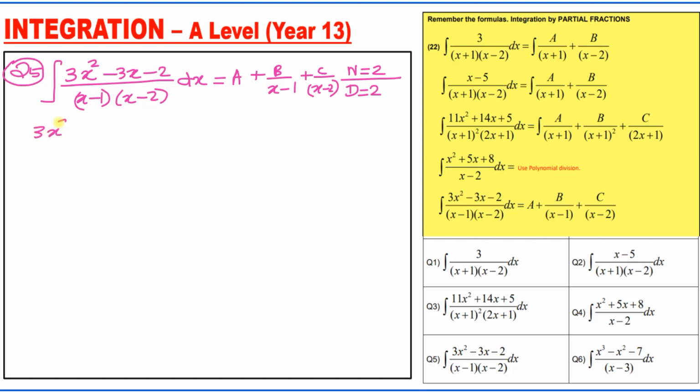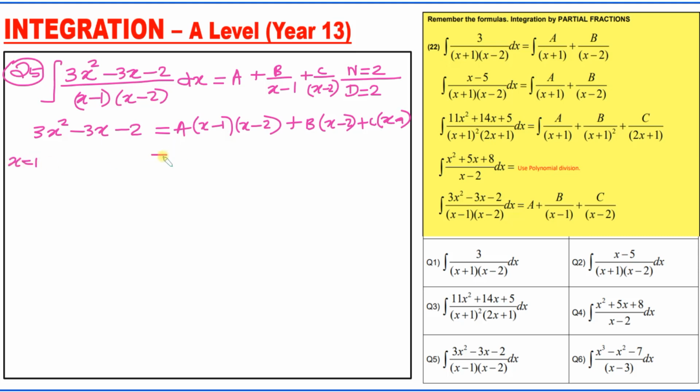So 3x squared minus 3x minus 2 equals a multiplied by (x minus 1)(x minus 2), plus b multiplied by (x minus 2), plus c multiplied by (x minus 1). Now you can easily find the answer by substituting x equals 1.